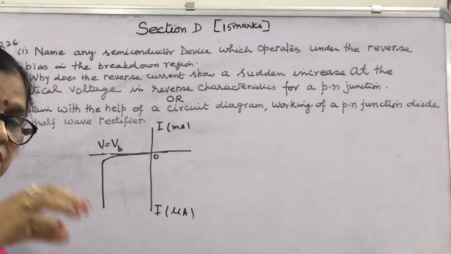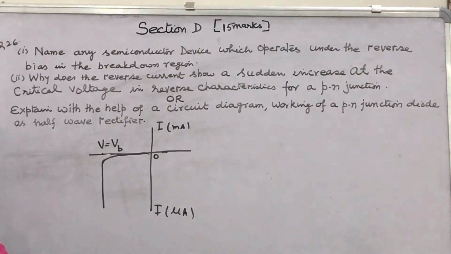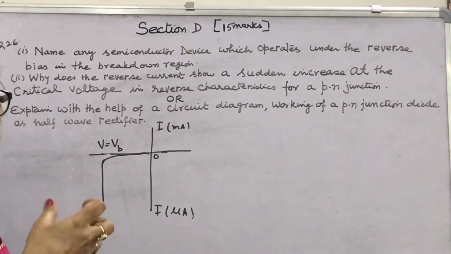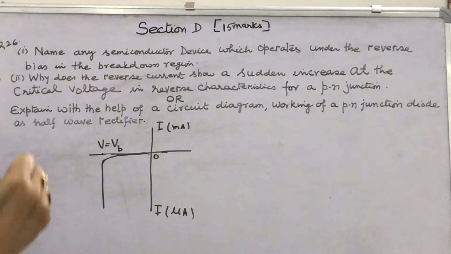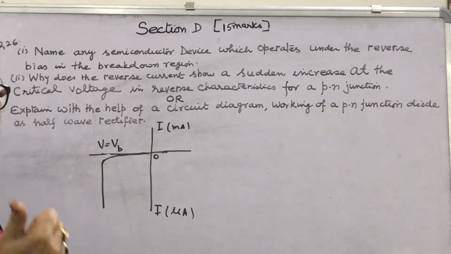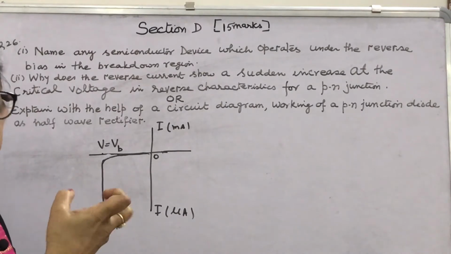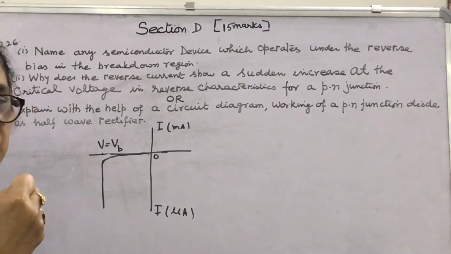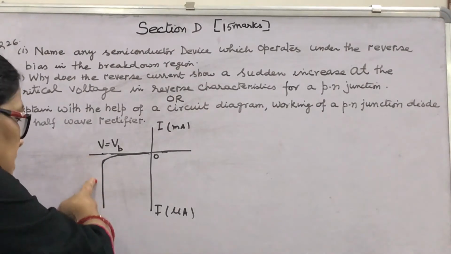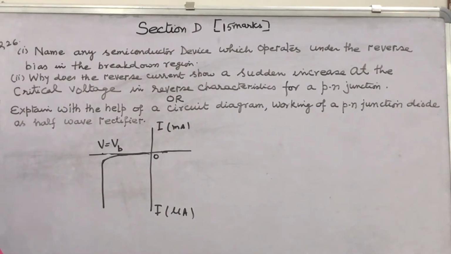When the electric field at the junction becomes high enough to pull electrons from the P side to the N side, this is called internal field emission. A large number of electrons are pulled, and they are responsible for the sudden increase in reverse current.